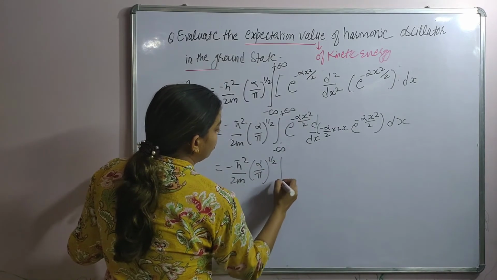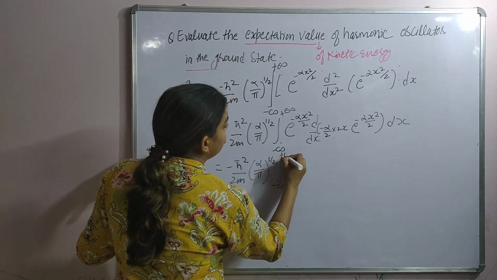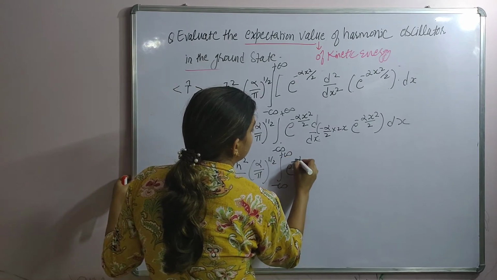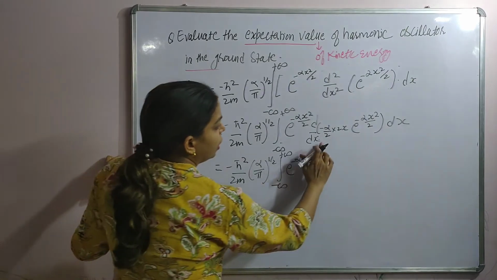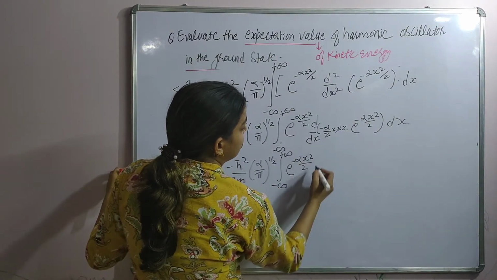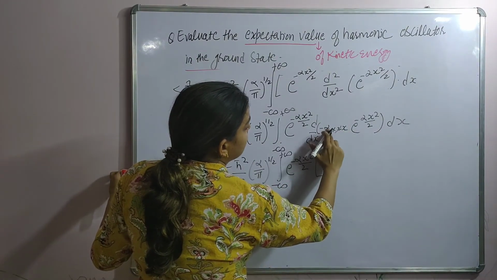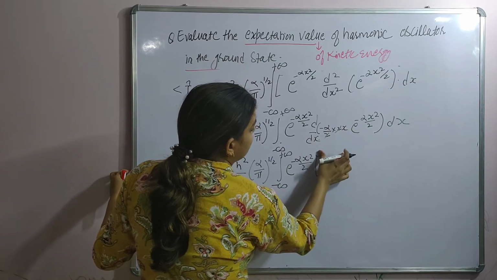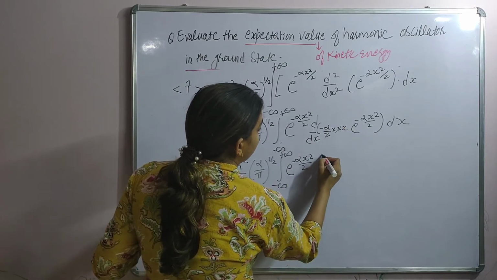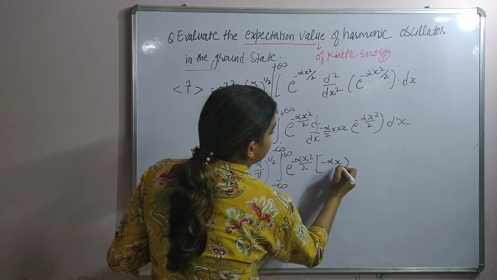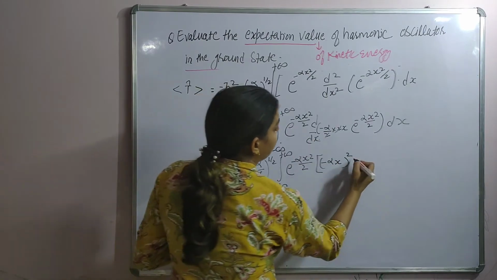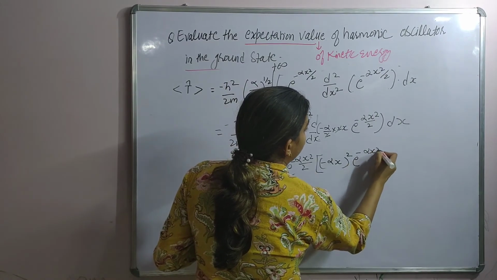1 by 2, minus infinity to plus infinity, e raised to power minus alpha x square by 2, again differentiated, the 2 and 2 cancel out. So you have minus alpha x and these two functions, so you differentiate by parts. In the first term we will have minus alpha x whole square into e raised to power minus alpha x square by 2.